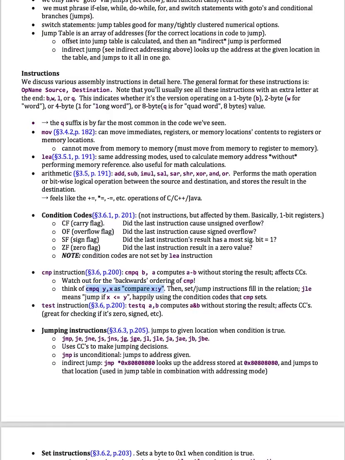And the test instruction computes A and B, which is a bitwise AND between A and B, which is used to check if the value is 0 or signed, for example.